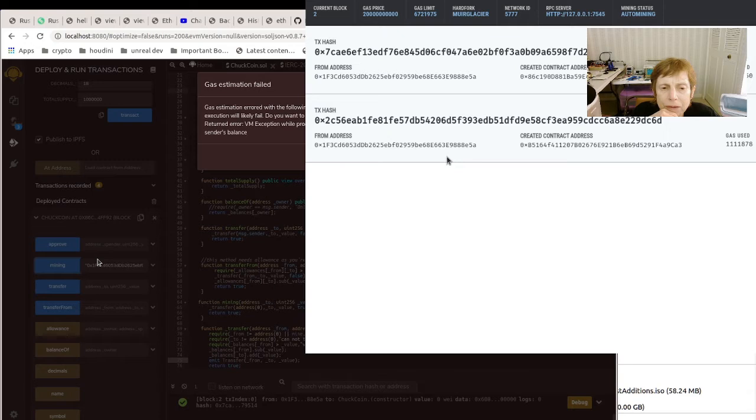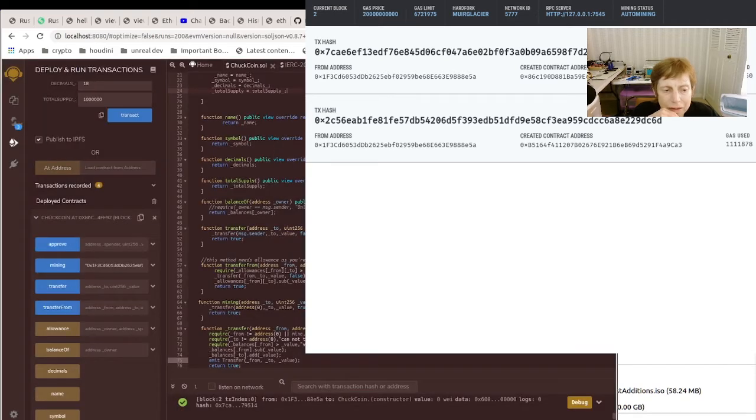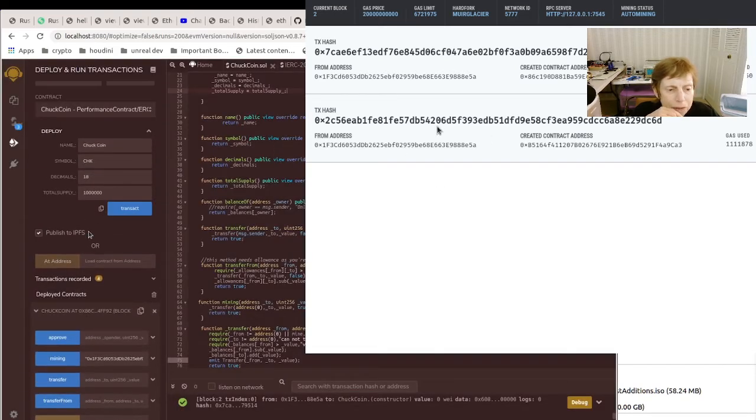Revert, value exceeds sender's balance. Okay. So I am mining from address 0 to about this, and I wonder if it's something wrong with.